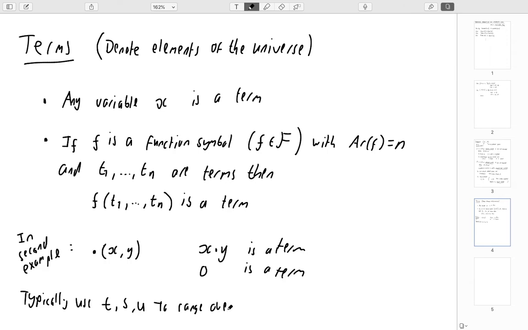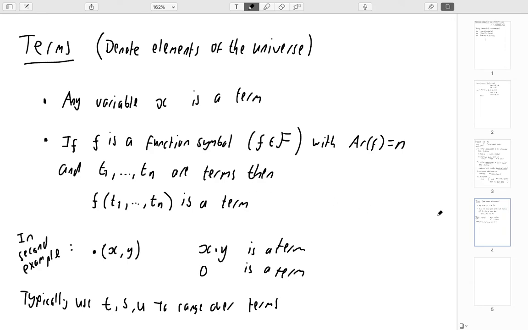If we want to say something holds for any term t, such as this specific term x dot y, but we want just a generic way of referring to a given term, then we'll use a letter like t, s, or u for it. These things are called meta variables. They're not variables in the logic itself, but they're symbols we use to vary over terms. Okay, so those are terms.